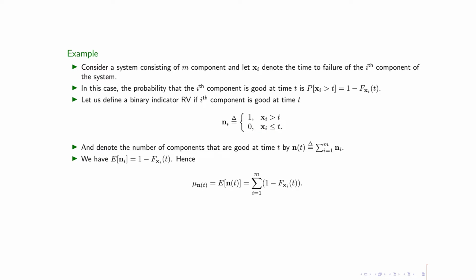You can calculate the mean of ni, which is equal to the reliability. So the mean of nt is just the sum of reliabilities. When the random variables xi have the same distribution, that is, if this is not a function of i, then this becomes m times that. So it simplifies to this one.